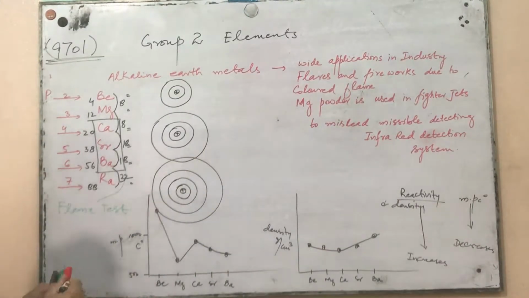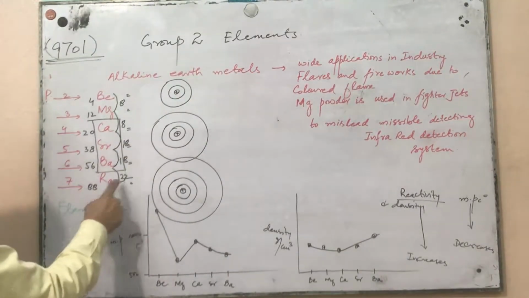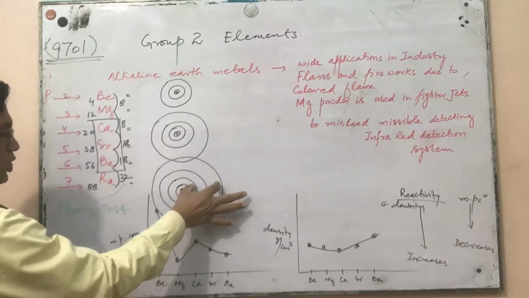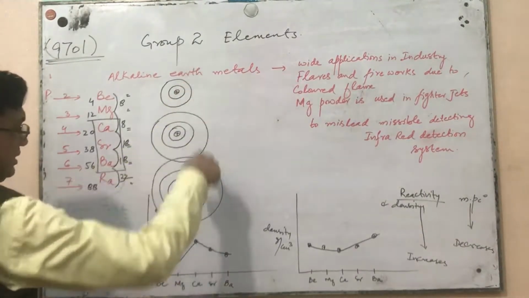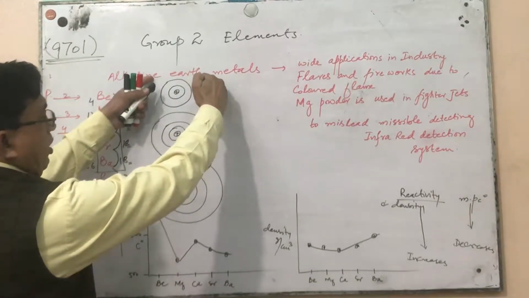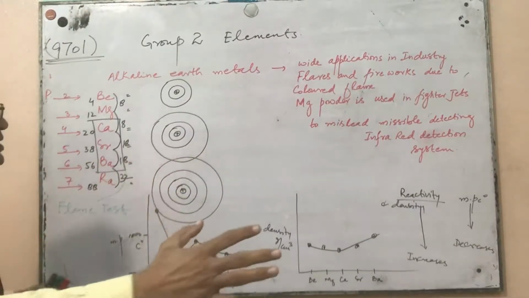It is quite clear from this trend that radium will have a total of 7 shells in an atom. Now, this trend indicates that from top to bottom, the size of an atom is increasing.